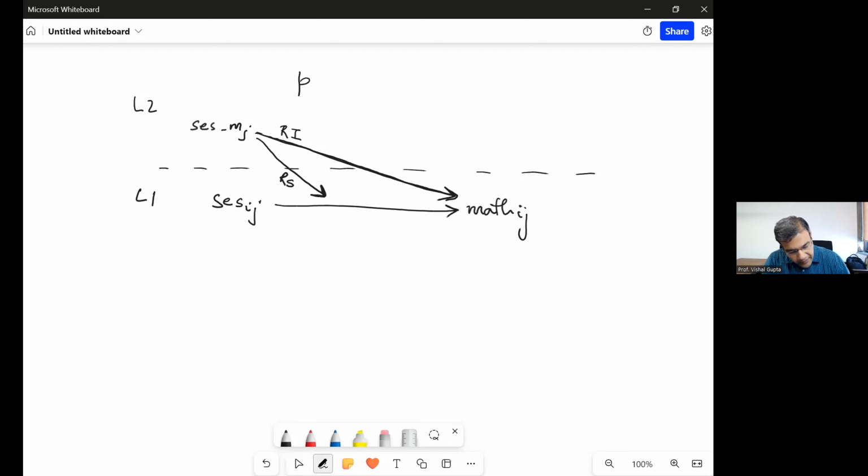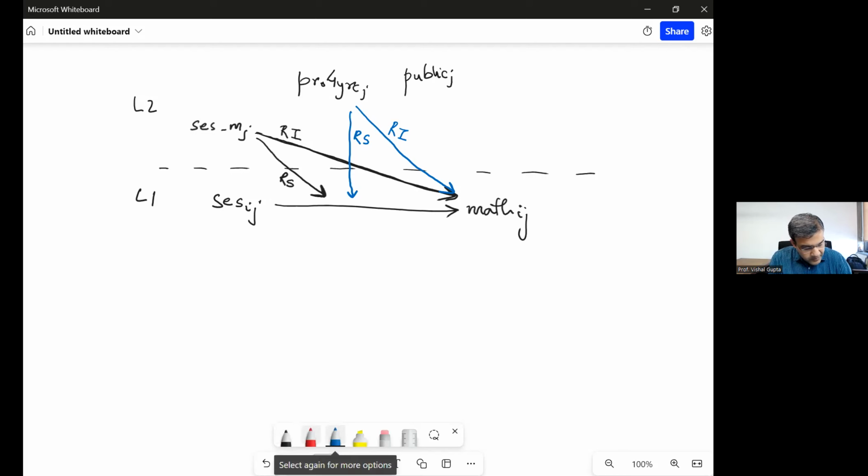Similarly, I have pro 4-year college j. Let me use another color. This is telling me random intercept, and this arrow is telling me random slope. That means pro 4-year can also predict the variation in the slope. And then you have the third variable, public j.